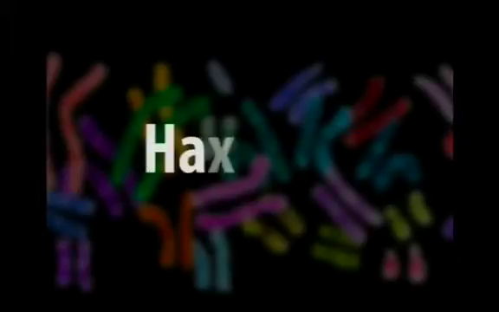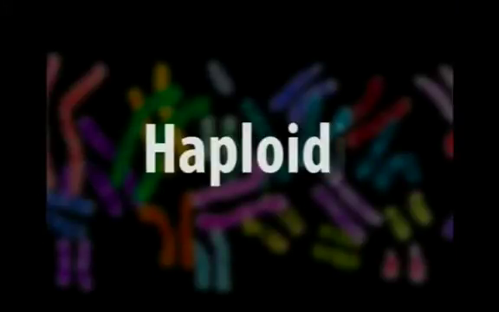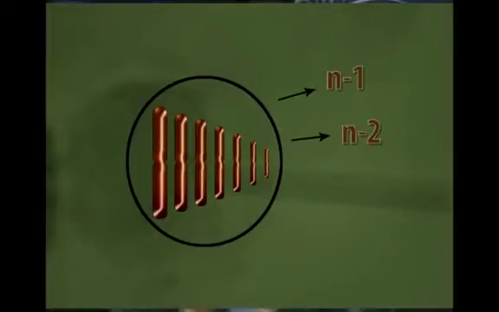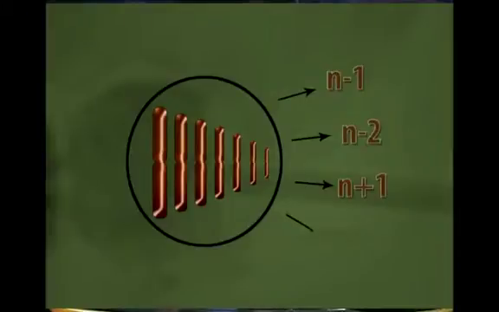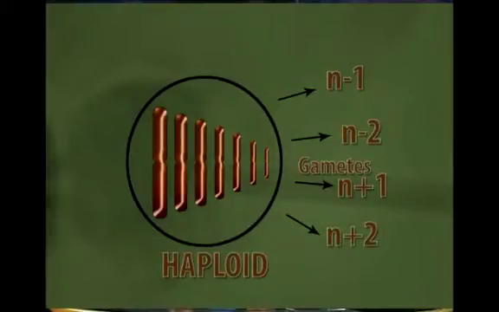Then there is another situation where these aneuploids could be produced. For example, haploid plants, haploidy. Haploidy is a situation where each chromosome is singly present, and in haploids at metaphase stage all the chromosomes remain in a univalent condition, and at the time of segregation from metaphase to anaphase there is complete irregular segregation.